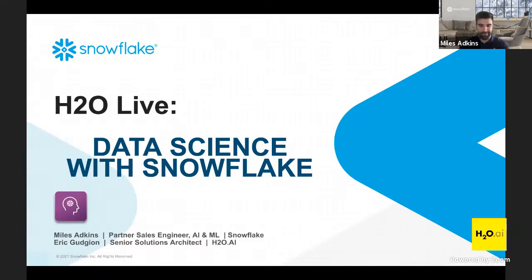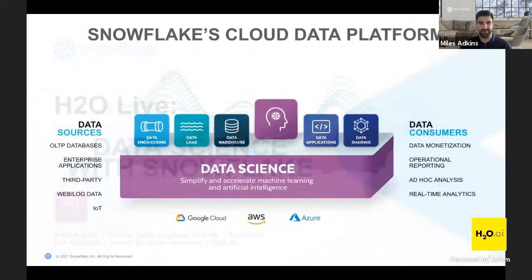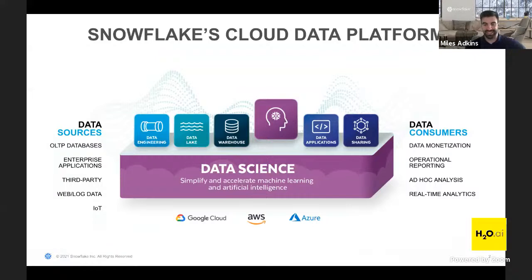When we think of Snowflake, you traditionally think of us being a data warehouse, but we've made a ton of advancements and put out a bunch of different new features to really help the data science, machine learning lifecycle. We have 6 distinct workloads that we can run for you on Snowflake.